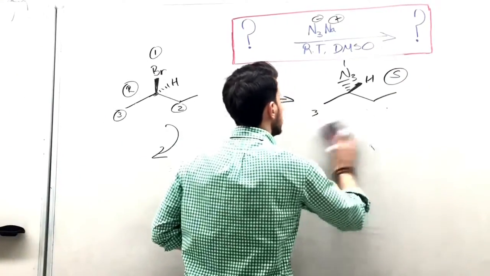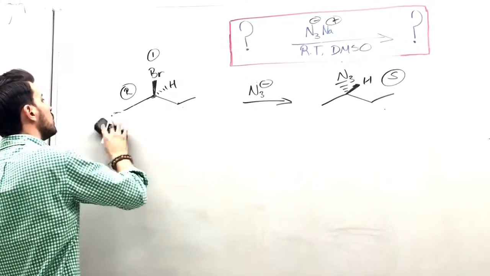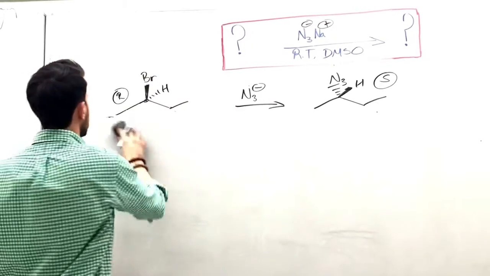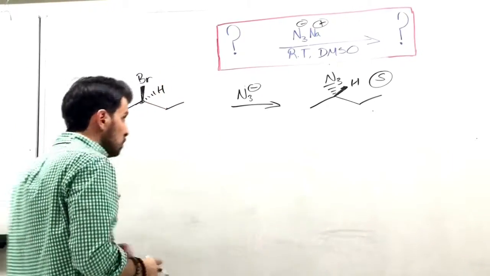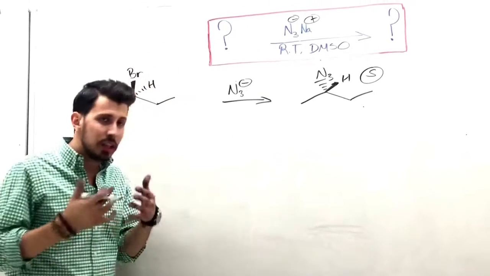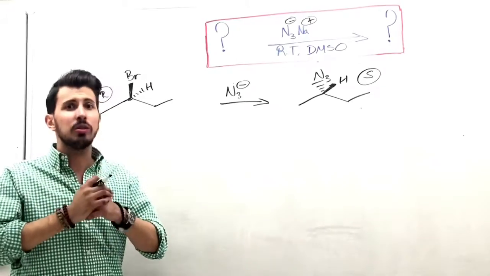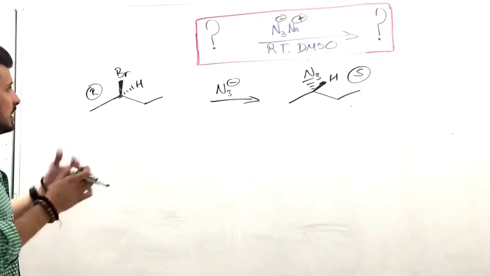Get rid of all the stuff up here. Okay. So it makes sense that this took place because remember, with all SN2 reactions, whether or not you have a chiral center, you're going to have a Walden inversion. So let's take a look at what happens.